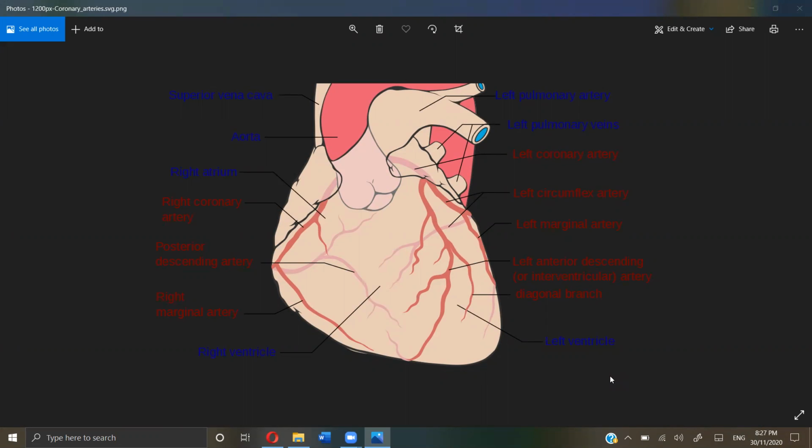This is the heart. Obviously, I want to talk about when you perform angiography, one of the diagnostic methods to diagnose your angina or your MI.